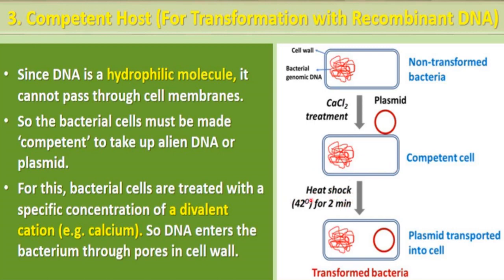Heat shock treatment at 42 degrees Celsius for 2 minutes. Okay, and after this heat shock treatment and with this CaCl2 treatment, pores will be created in cell and DNA will be able to enter through those pores in cell wall.